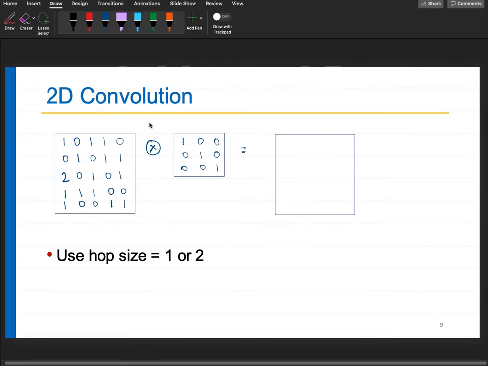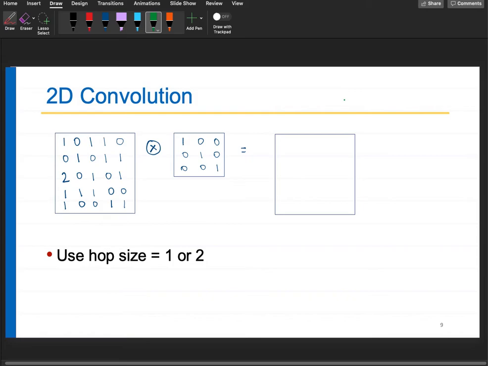So let us say this is my image, this is my kernel. If I use a hop size of 1, what will be the output? Can anybody suggest? What is the size of the output first of all?